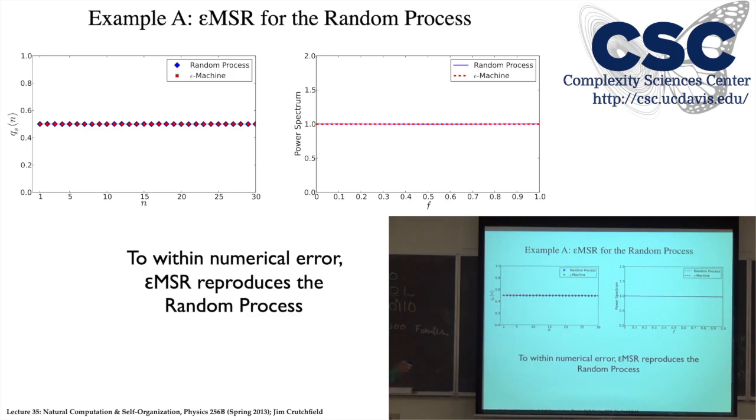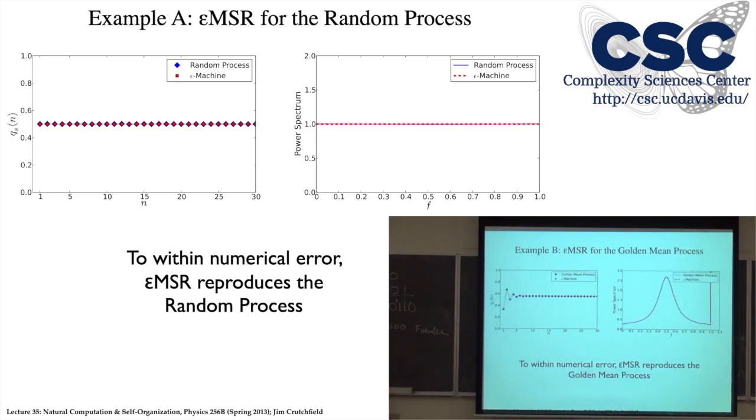But it's good to know that we get the flat correlation functions and the correct power spectrum, and so life is good. But this was an R equals 0 process, a process that had no memory at all, so this wasn't really a very good test. But we passed. And I prefer to think of success in terms of whether you pass or fail and not how hard the test was. That's just me.